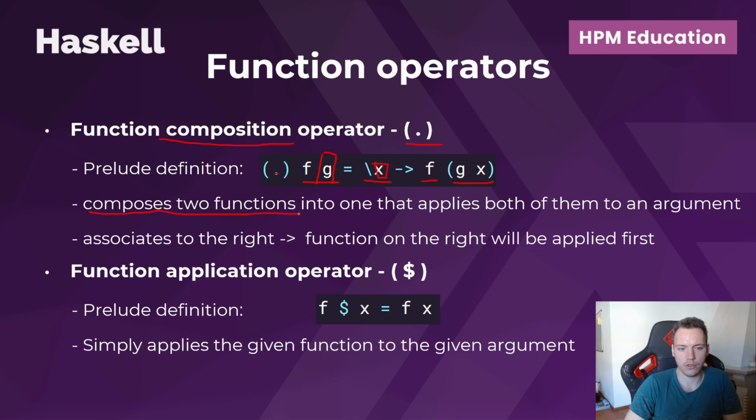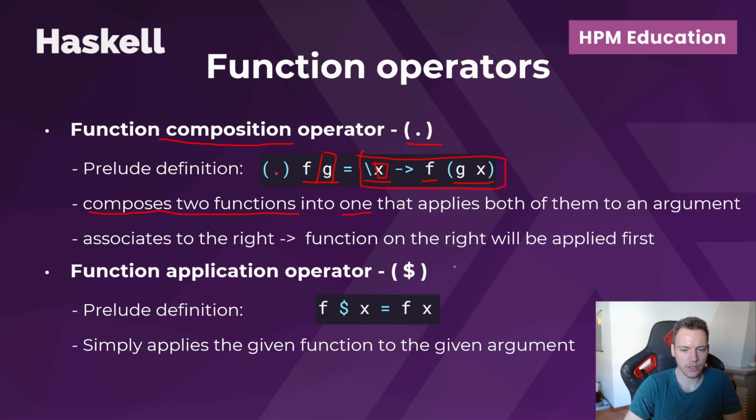So we see that it composes two functions into one. This is actually one function, because it's composed of two, and applies them both to an argument, in this case x. As I said, this associates to the right, so the function on the right is applied first. That's basically the function composition operator, and the second one is the function application operator.